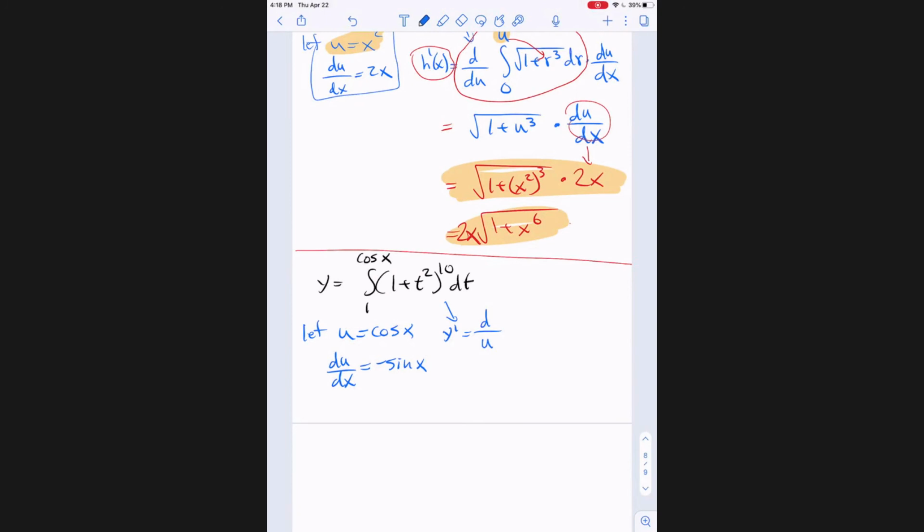I messed this up. My notes are in here. From 1 to u of 1 plus t squared dt times du over dx.